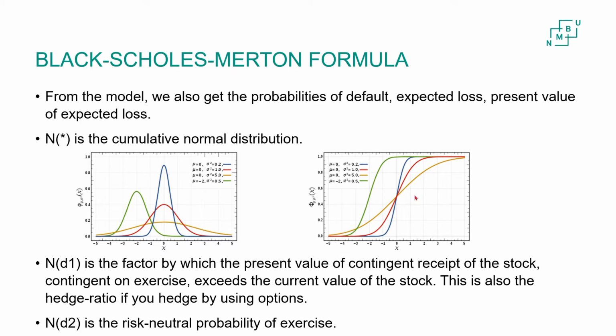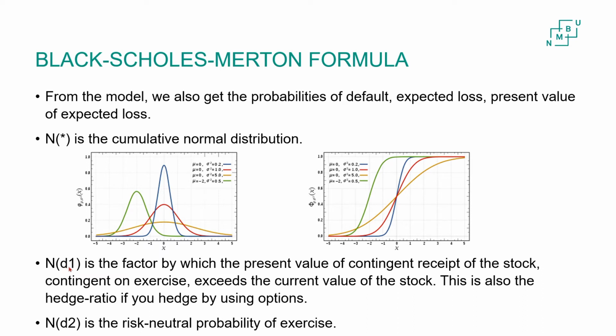So what do these factors actually mean? Well, the easiest one is the cumulative normal distribution given D2. It's actually the risk neutral probability of exercise of the option, which means it's the risk neutral probability of the asset value being higher than the face value of the bond at time capital T. On the other hand, N(D1) is a bit harder to interpret.